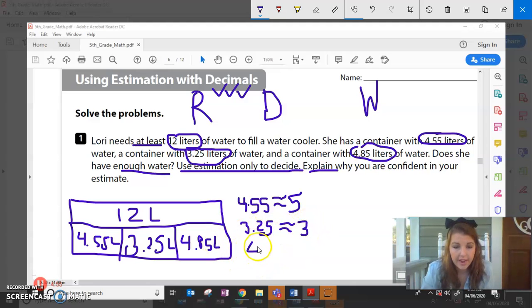And then 4 85/100 again would round up to 5 wholes because 85/100 is closer to having another whole than to having 0. So that would be 5. If I look at my estimated amounts, 5 plus 3 plus 5 is 13. And she only needs at least 12 liters. So I think that she has enough.